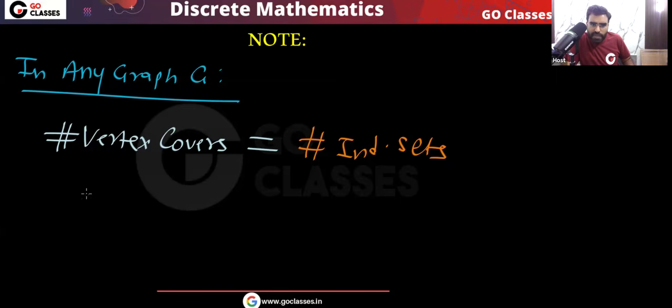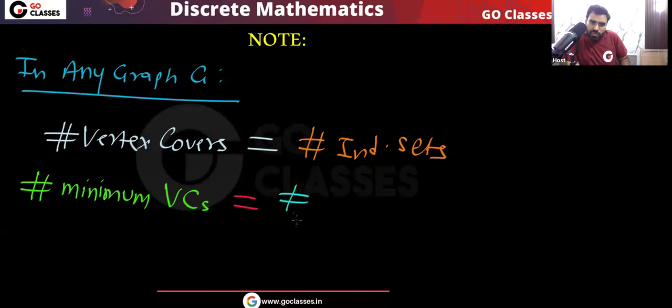Also remember, if S is a minimum vertex cover, then the remaining vertices will be a maximum independent set. Also, if S is the largest independent set, then the remaining vertices will be the smallest vertex cover. So I can also say that the number of minimum vertex covers will be the same as the number of maximum independent sets.